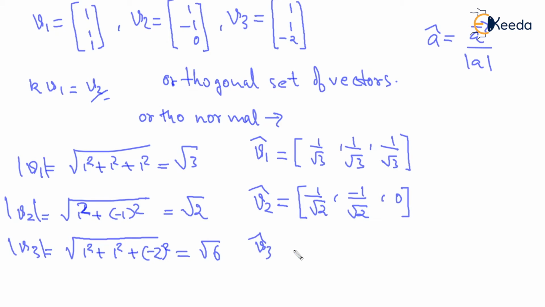V3 will be (1/root 6, 1/root 6, -2/root 6).